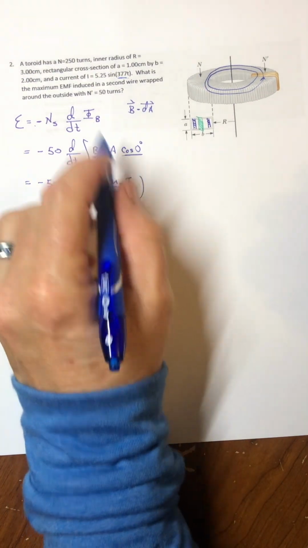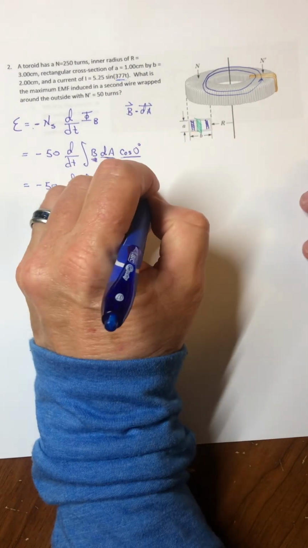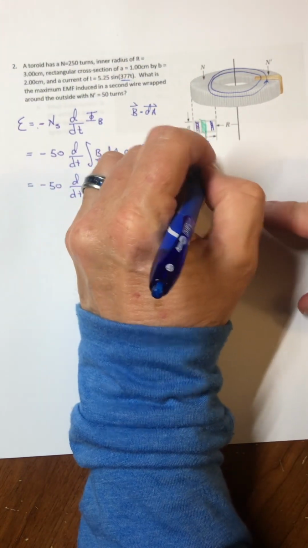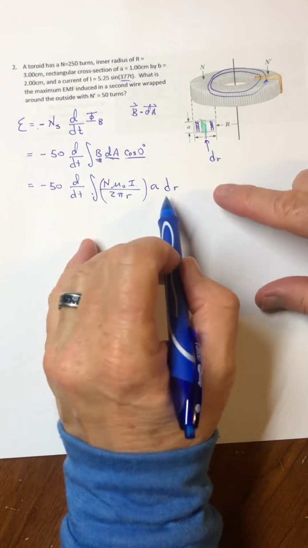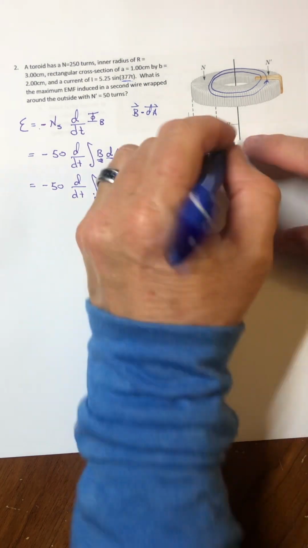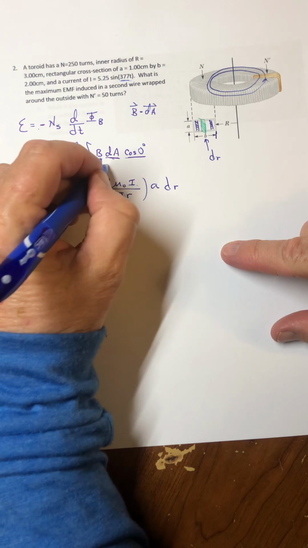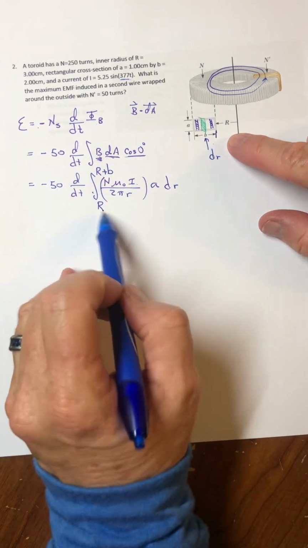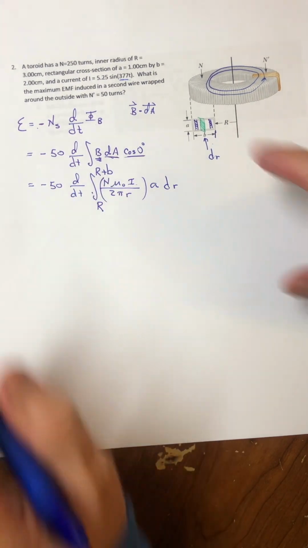The area that I need to add up is a bunch of these little strips, where each strip has a height of A and a thickness of dr. When I add up the magnetic flux, I start at an inner radius of capital R and continue until I go a distance B from the inner radius, so the outer radius would be R plus B.